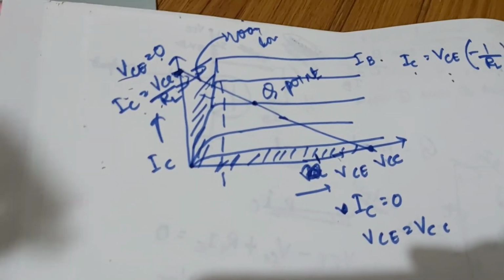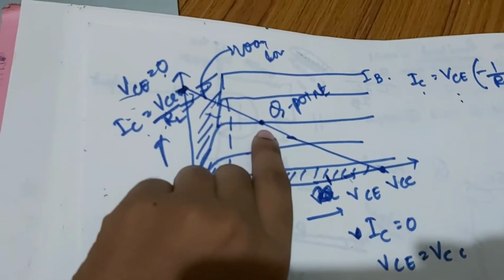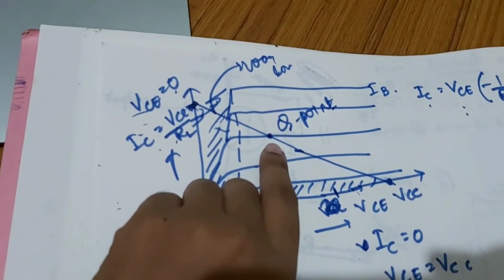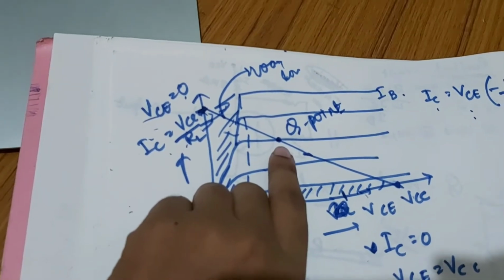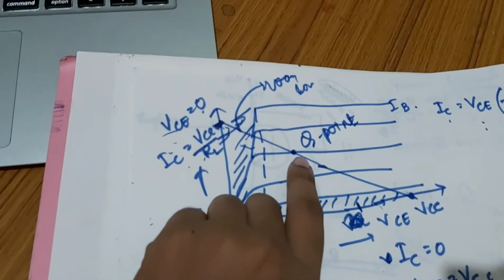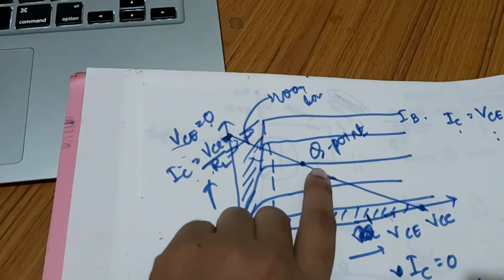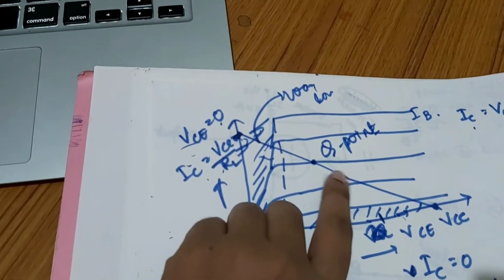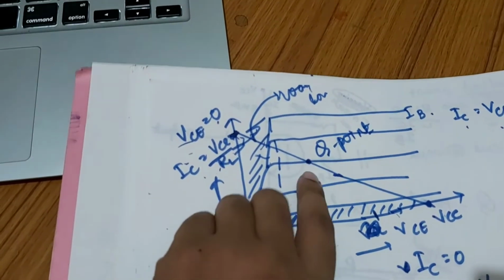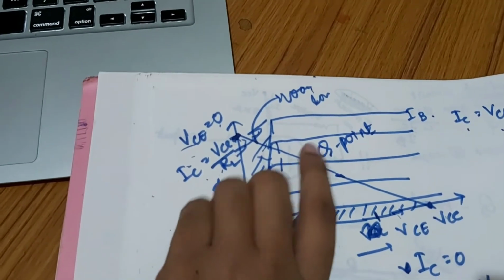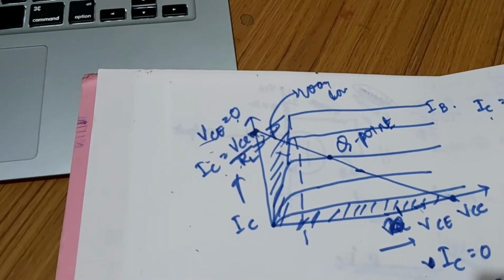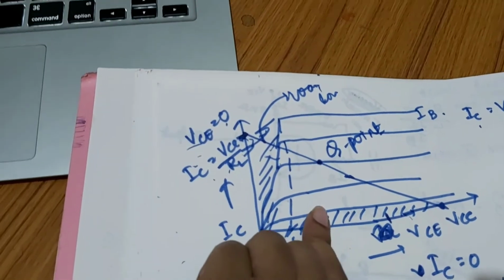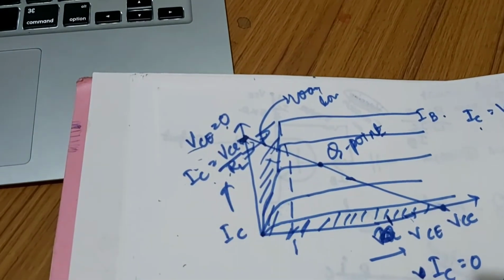This point on the output characteristic curve is known as the Q point, or the operating point. Why are we focusing on the Q point? Because when the transistor acts as an amplifier, this point has to be maintained at a constant value. That's where the biasing helps, because biasing provides this constant DC collector voltage.